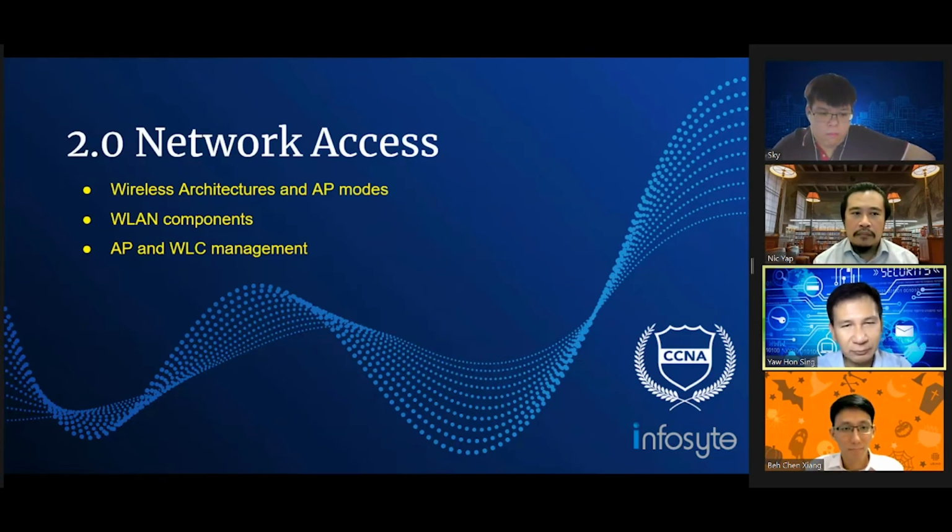Most people have a misconception that Wi-Fi is very simple to set up: just buy a 3-in-1 Wi-Fi router, plug it in, and it works. This is a home network. But in an enterprise, the deployment of a Wi-Fi network is not as simple as that.